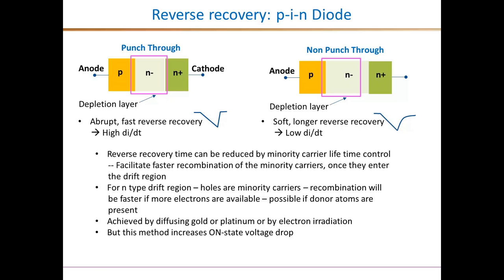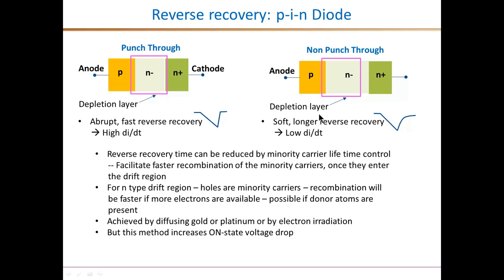The nature of the reverse recovery characteristics can also be controlled by the design and the structure. So for example, the punch-through structure, where the depletion layer shown by this purple box completely covers the N- region. So that will result in an abrupt fast reverse recovery as shown by this sharp snap back to zero current from this large reverse recovery peak, versus a non-punch through arrangement where the depletion layer, again this purple box, does not extend over the entire N- region.